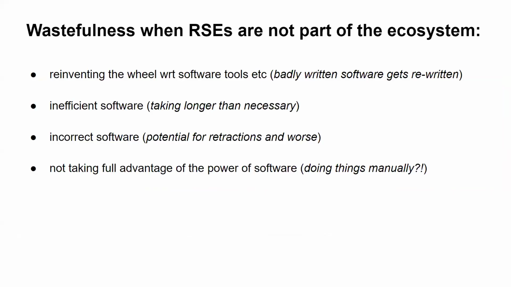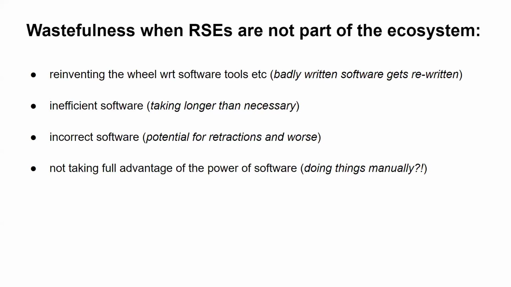And thinking now more on a systemic level, I think that when RSEs are not part of the academic ecosystem, a lot of waste happens when it comes to the software side of research. So, for example, there's a lot of reinventing of the wheel with regard to software tools. I say badly written software gets rewritten.